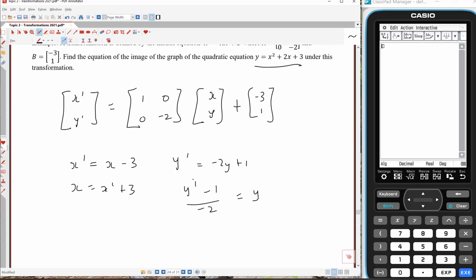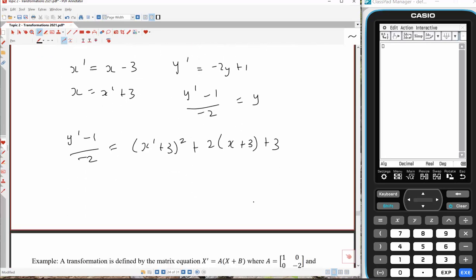Your options at this stage: you could read off the transformations using function notation and pop them in, but I don't know whether that's the way to go. So let's just pop our definitions of y and x in. That's going to be y dash take 1 all over -2 equals x dash plus 3 all squared plus 2 times x plus 3, plus 3.